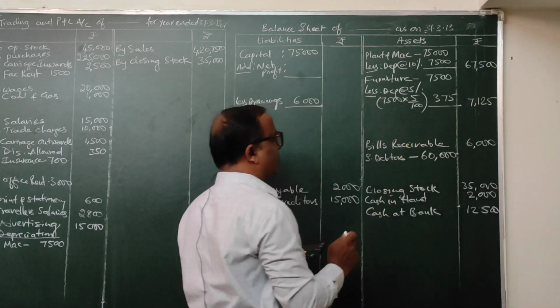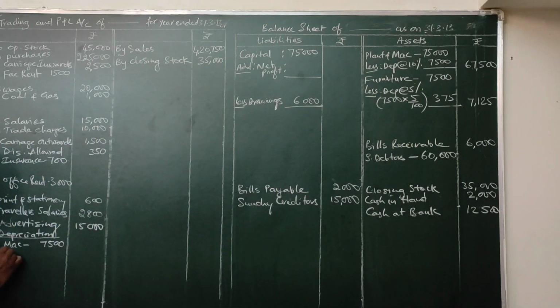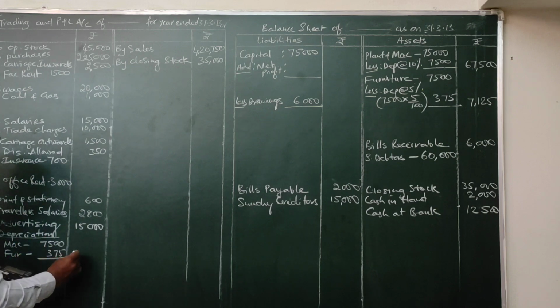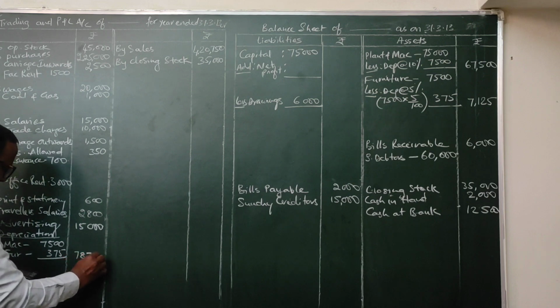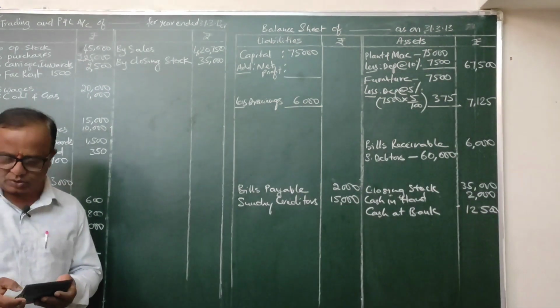This 375 again debit to your profit and loss account. So here depreciation on furniture, how much? 375. Now add these two. 7,500 plus 375, if we add these two, it will be 7,875. See, I have added like this, or you can write these two amounts directly in this column. There is nothing wrong in doing so.